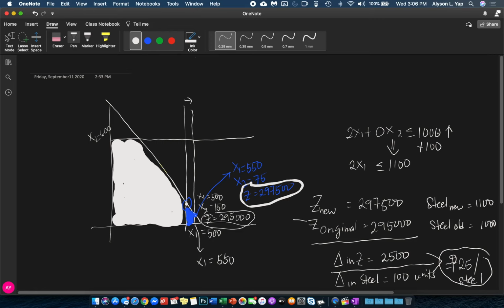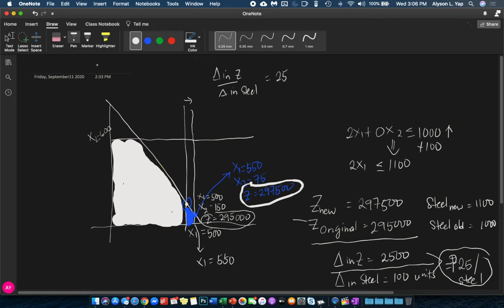And we've done that from 1,000 until 1,100. So for now, I'd like you to remember this change in z over change in steel that is equal to 25. Okay? And that is from 1,000 to 1,100, which is an increase of 100.